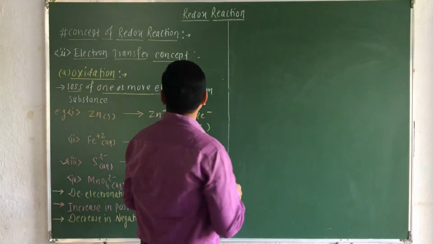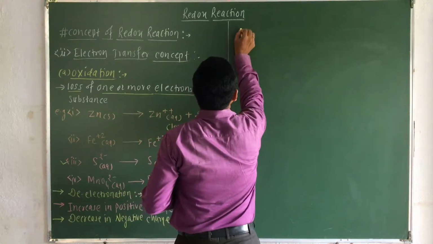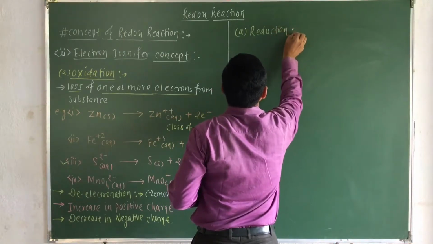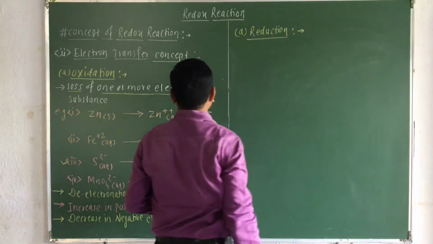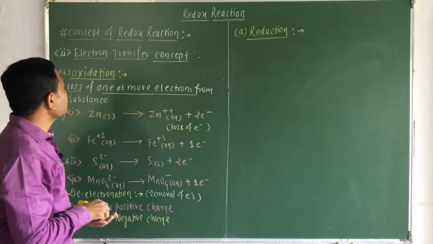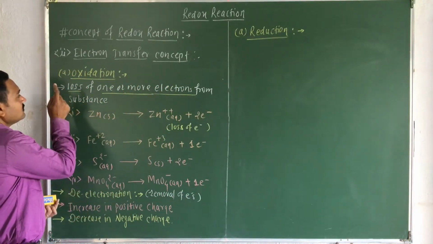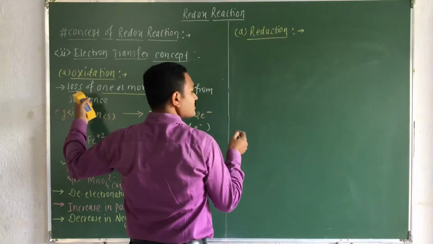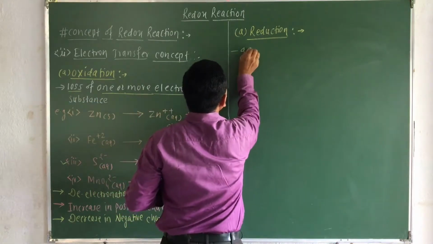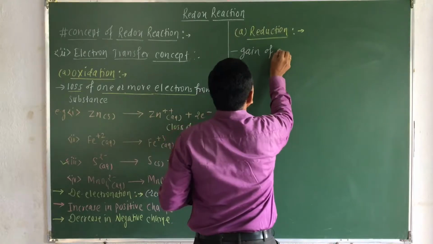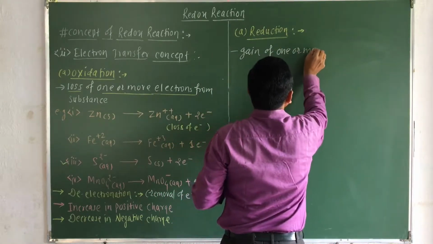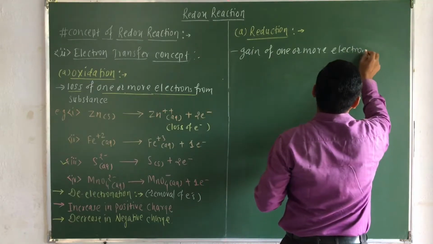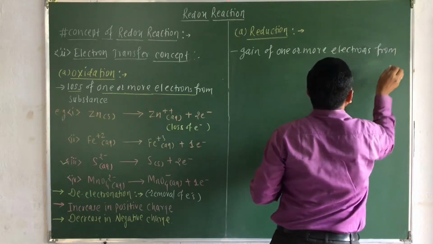So let's find the reduction reaction. As you know, reduction is exactly opposite to oxidation. Here in oxidation there is a loss of one or more electrons, while here there is a gain of one or more electrons by the substance.